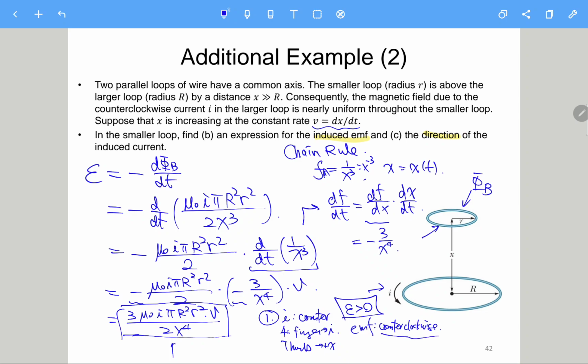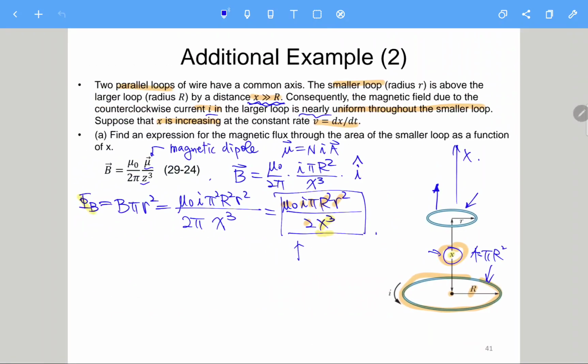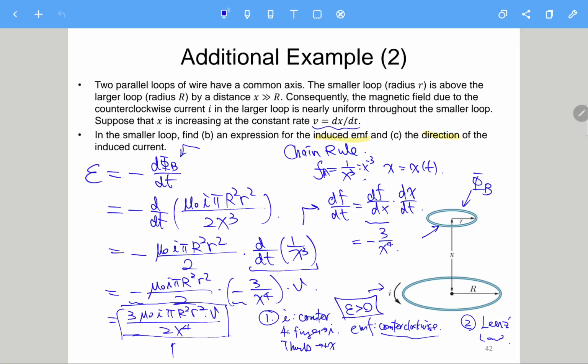The second way is to use Lenz's law. We know the direction of phi B, and excluding the minus sign, we know that d phi B dt is a negative number, because that one is a positive number. Here phi B is defined upward.